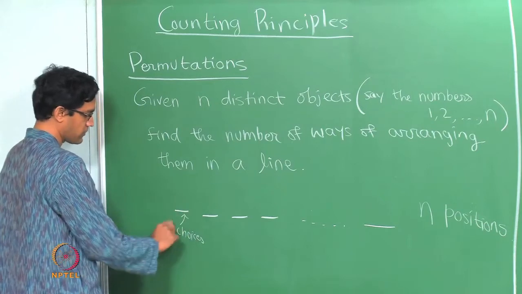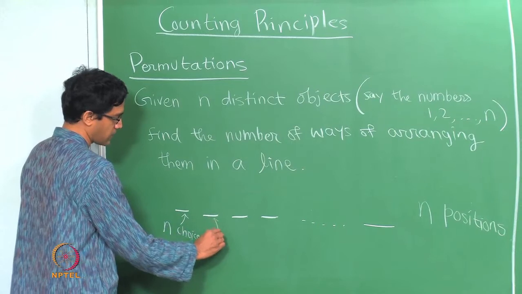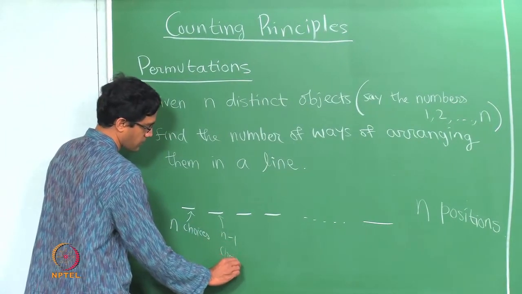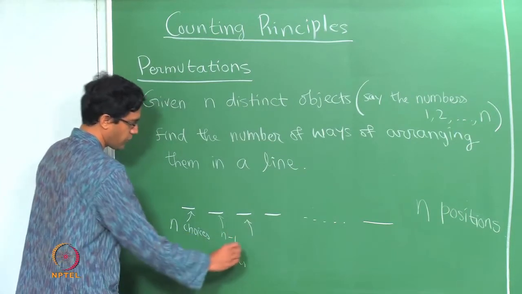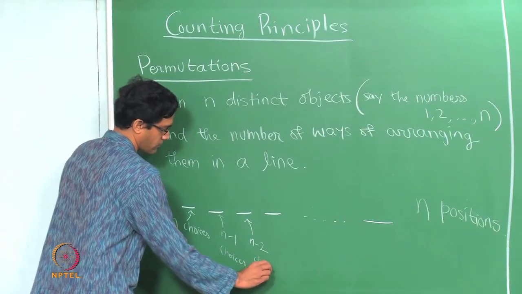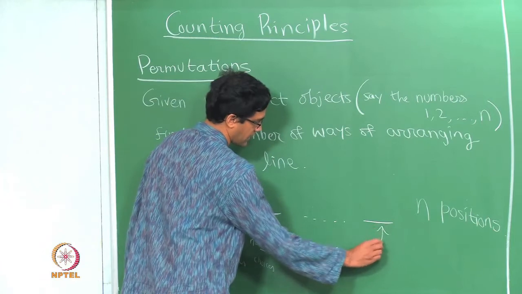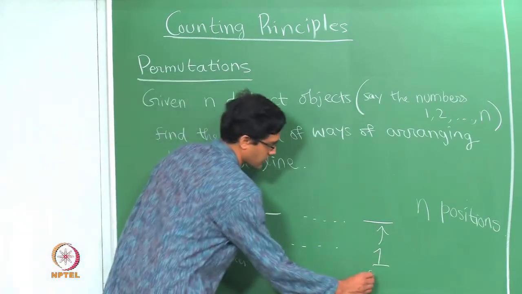Now having filled the first position, if you consider the second one, there are n minus 1 remaining choices. With the first two filled, there are n minus 2 remaining choices for the third position, and so on, till when you finally get to the very last position, you are more or less forced to pick the object that's left. So there's only one choice remaining.